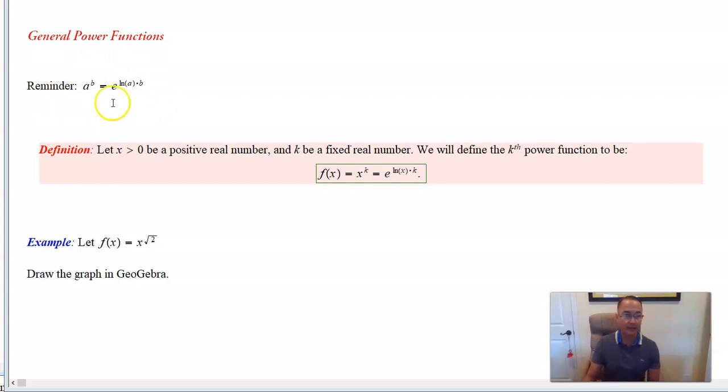So a to the b is e to the ln of a times b. So x to the k is e to the ln of x, the base, times k. So in our function, we have x to the square root of 2, we can rewrite it as e to the power ln of x times square root of 2.